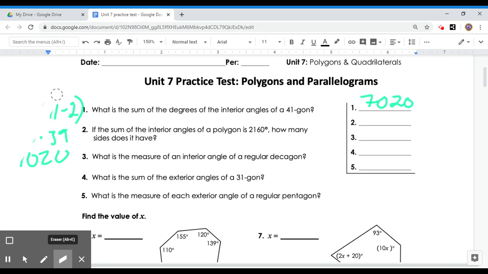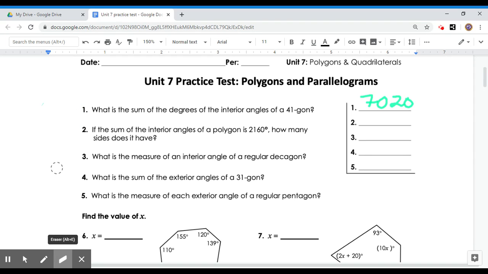All right, number 2, if the sum of the interior angles is 2160, how many sides does it have? So for this, it's really similar. So what we do for this is 2160 equals 180 times n minus 2. So this is for number 2.